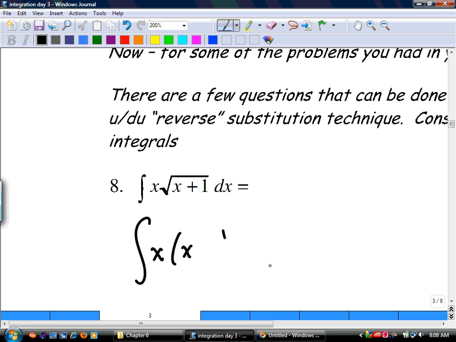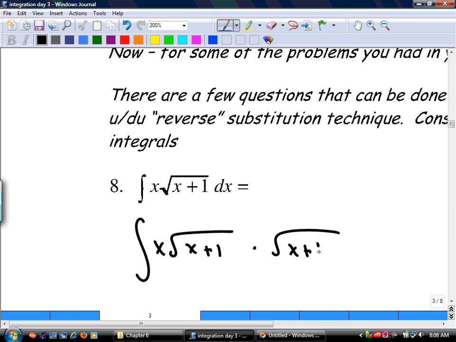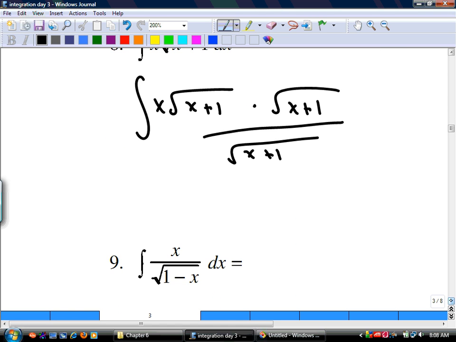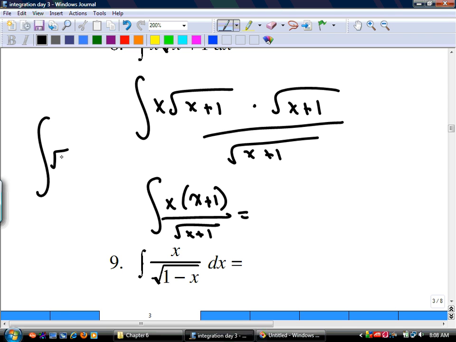Well, what if we do this? Let's just play. Nah, that doesn't help. No, because it needs to be like this. Yeah, no, that's not going to work.